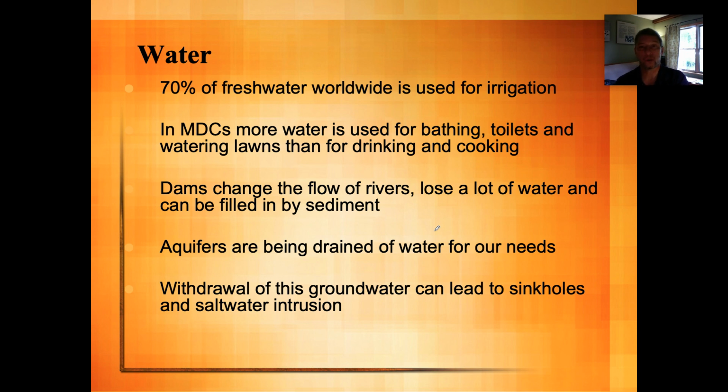And this can lead to all sorts of problems. If you drain an aquifer completely, that'll lead to huge sinkholes where huge swaths of land just collapse because the water underneath them was holding them up, and now it's not there, and so the ground sinks. And so that is a serious issue in many areas of the world.